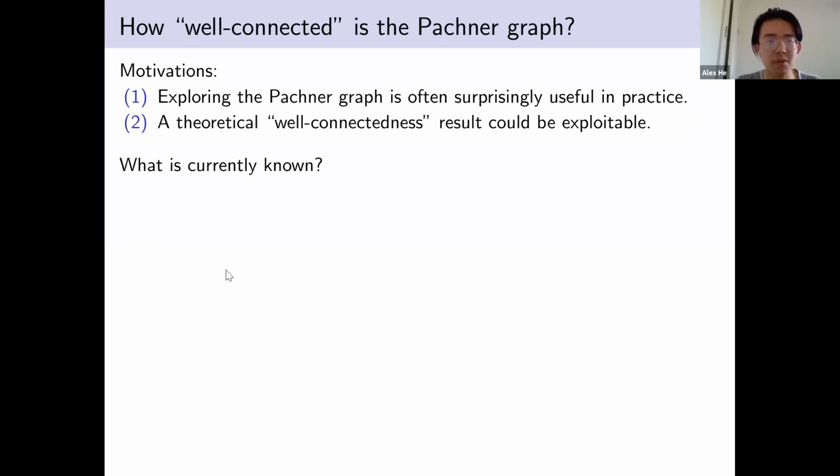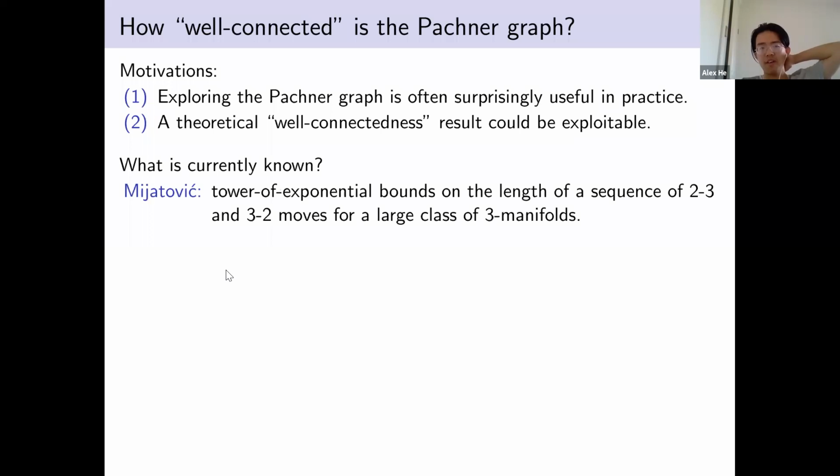Okay, so what do we currently know? And I already said this, which is not a whole lot. Despite our practical experience that tells us the pachnograph is well connected, actually proving things about it has turned out to be pretty hard. In terms of lengths of sequences, this is probably about 20 years old. Mijatovic showed for large classes of three-manifolds that you can get tower of exponential upper bounds on the length of a sequence of 2-3 and 3-2 moves, which is terrible.